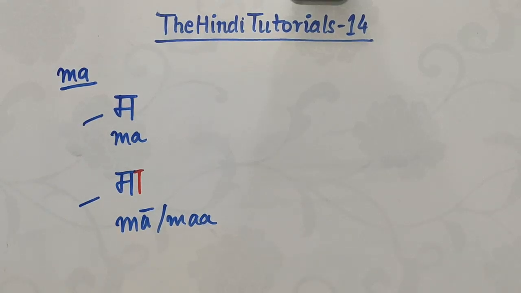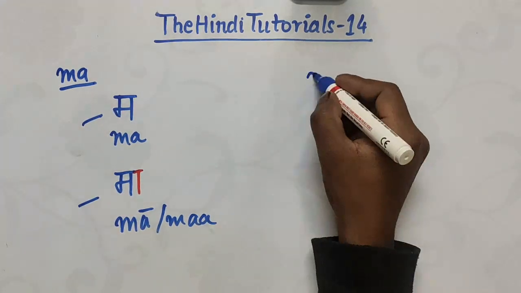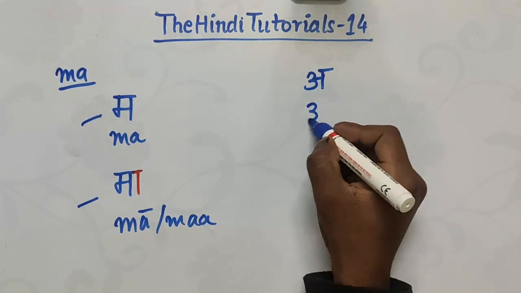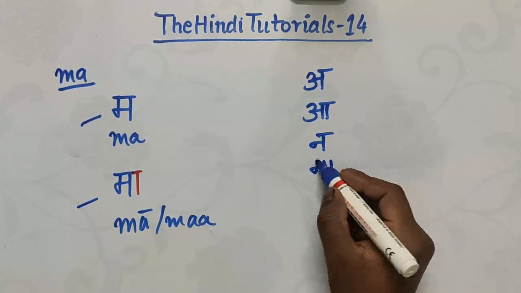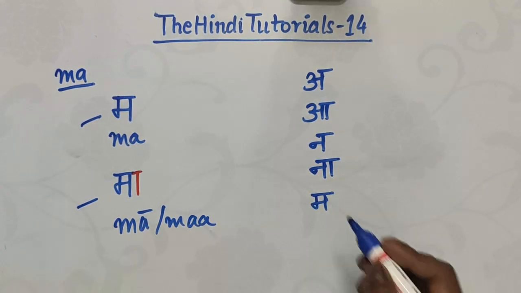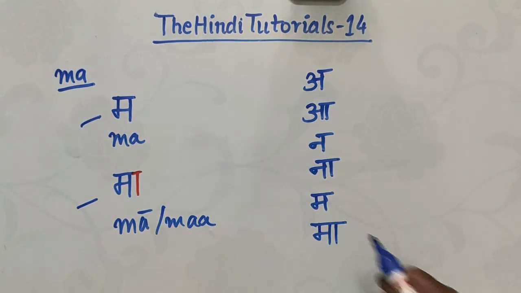So till now we have learned 6 forms. A, Aa, Na, Naa, Ma, Maa. Now we are ready to write words.